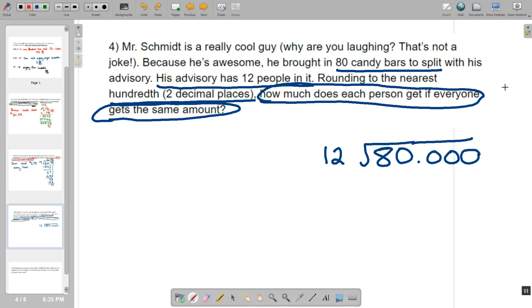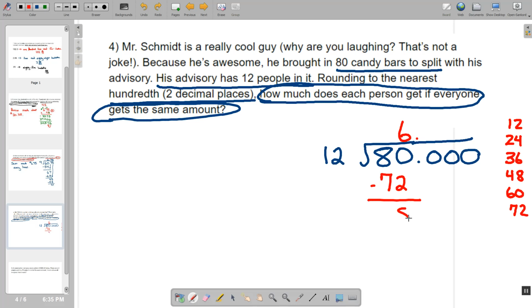So now, before we do any division, I like to write out my groups of 12. So that's 12, group of 2, group of 3, group of 4, group of 5, group of 6. If we need more groups, we can go from there. So it looks like we have 6 groups can fit into 80 without going over.